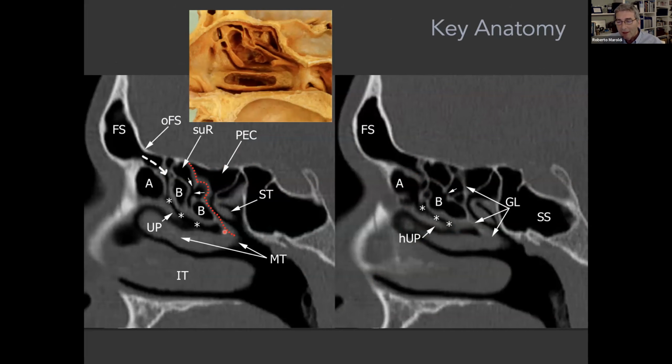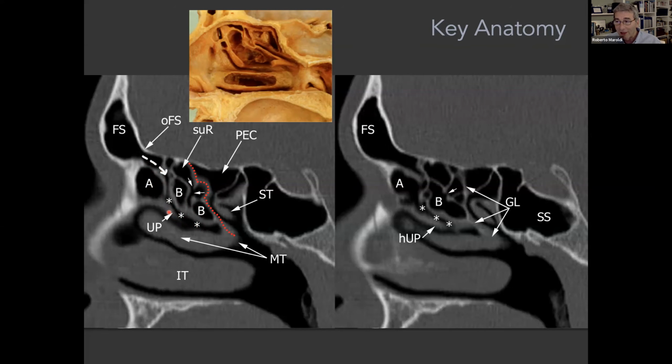in the coronal plane, and it is realized by the ground lamella, the lamella that attaches to the lateral wall of the nasal cavity, separating the posterior from the anterior complex, where you see the ethmoid bulla, the hiatus semilunaris, the frontal sinus, the ostium, the beak of the frontal bone, the frontal recess, in front of it pneumatization, which is the agger cell, and then the area of the hiatus semilunaris, the horizontal portion of the uncinate process.